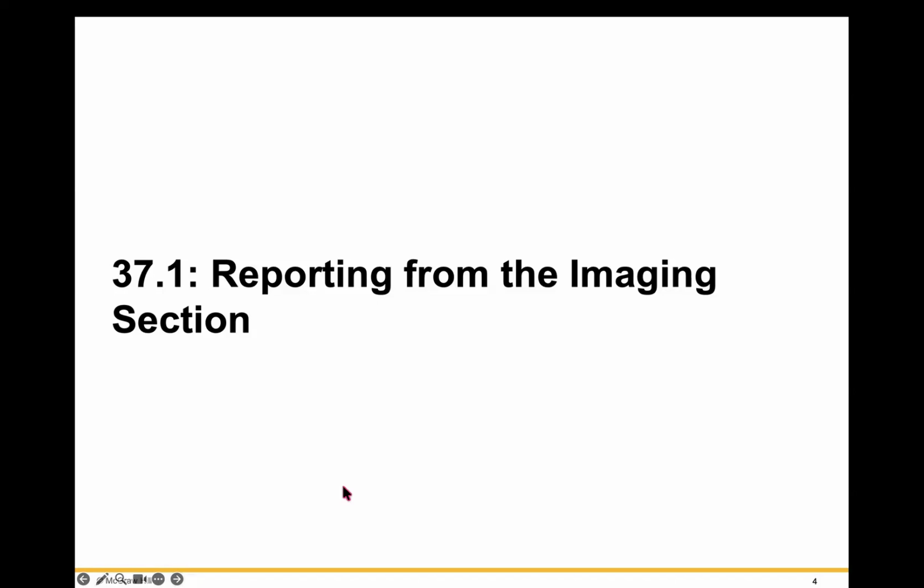Just to think about this, have you ever looked at a chart, or if you've gotten a copy of your radiology report, have you ever thought, what details do I need to code this imaging procedure correctly? How do I go about doing that?